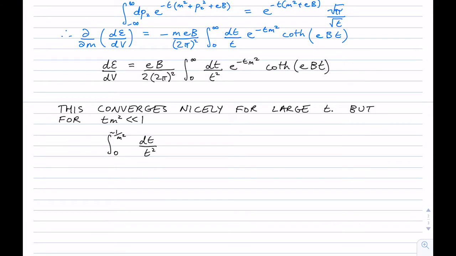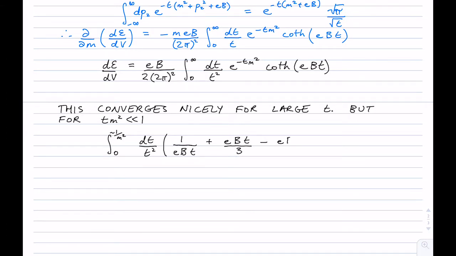And so what I'll do is I'll make this small EBT expansion for the coth. And just a reminder again that this is the absolute value of E in the denominator here. It's very important later on. And so I'm expanding out the coth.